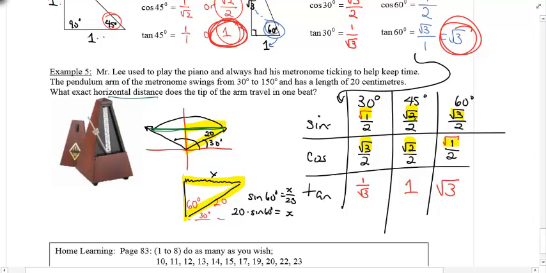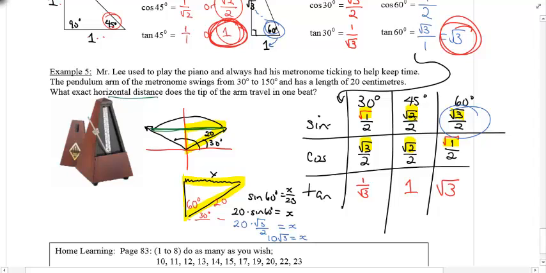And I'll say, no. Sine of 60 is what we call one of these special angles. No calculator is required because you look at your chart and sine 60 is just root 3 over 2. So this becomes 20 times root 3 divided by 2. 20 divided by 2 is just 10. So X is just 10 root 3.